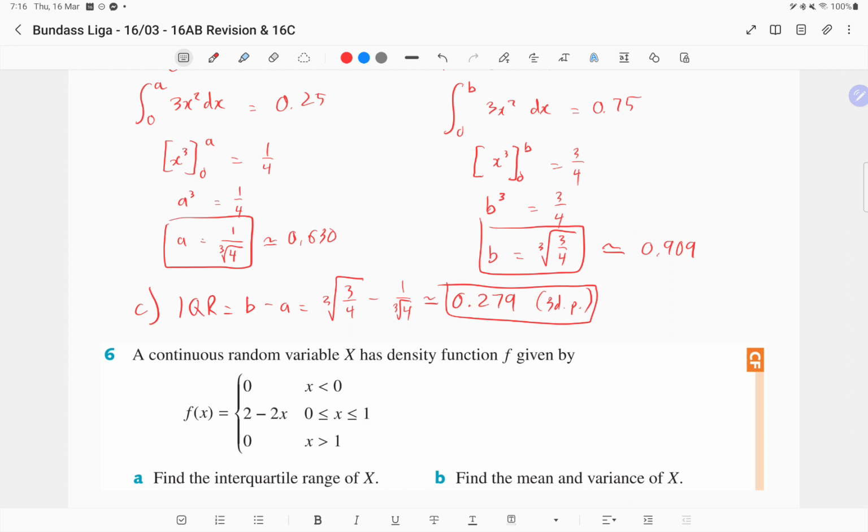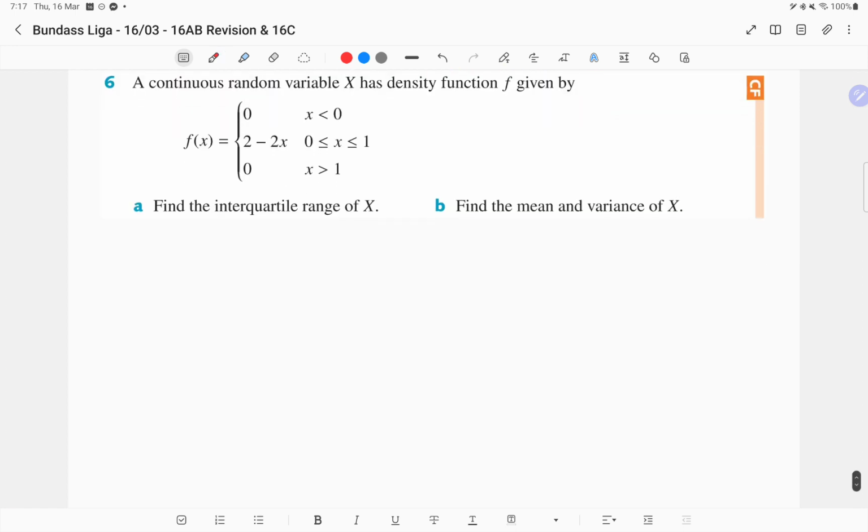Everything in the one question. I'll slowly work out the answer for question 6 here.